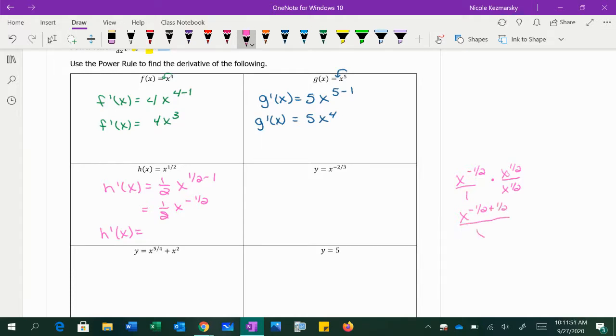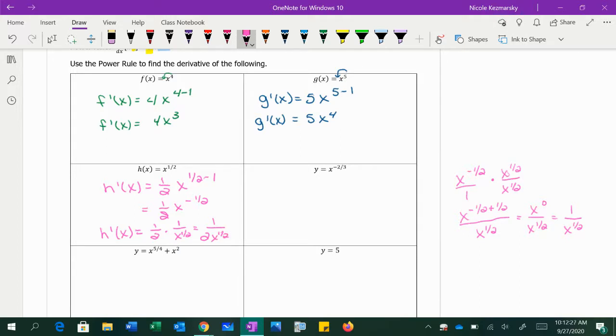In the bottom, you get x to the 1/2. Those exponents become x to the 0. Bottom stays the same, x to the 1/2. X to the 0 is 1. And you've got x to the 1/2 in the bottom. So this is going to become x to the 1/2 times 1 over x to the 1/2, which becomes 1 over 2x to the 1/2.